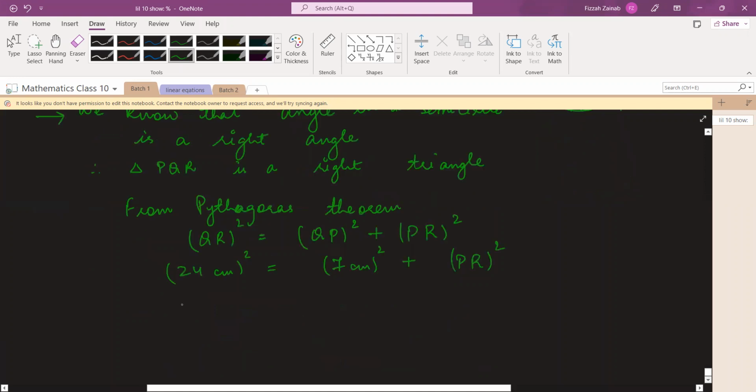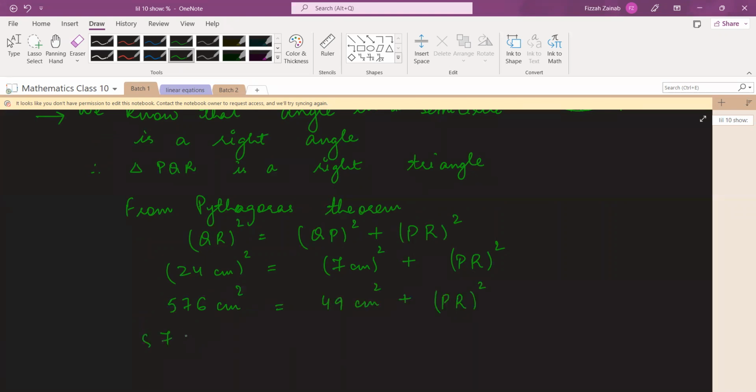Can you just multiply 24 into 24 and tell me? 576. 576 centimeter square is equal to 49 centimeter square plus PR whole square, right? So 576 minus 49 centimeter square is equal to PR whole square, right?